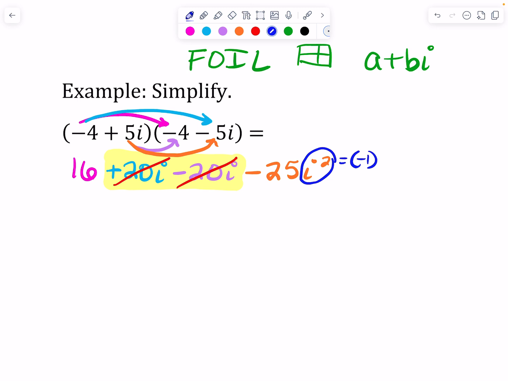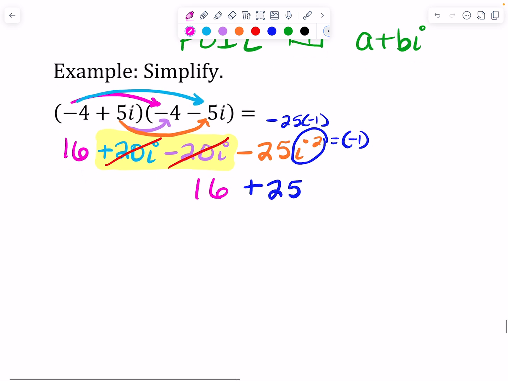So this becomes -25 times -1, which makes that a +25, and 16 is still 16. So now we have like terms. We can add those two numbers together, and we end up with 41.